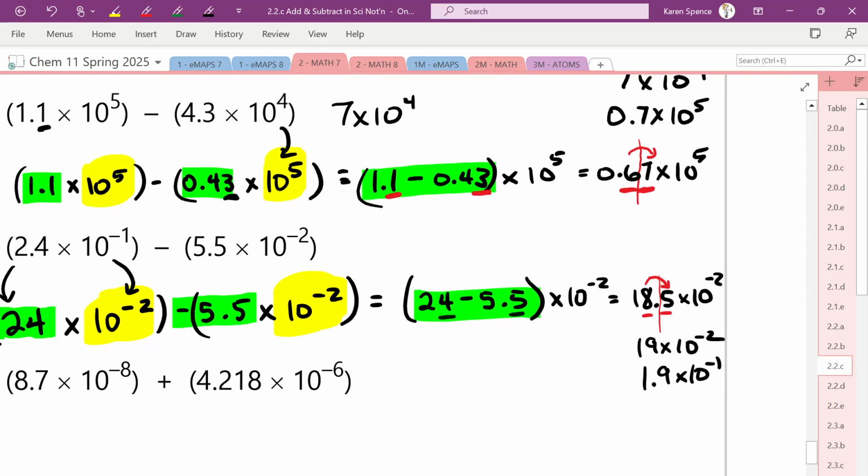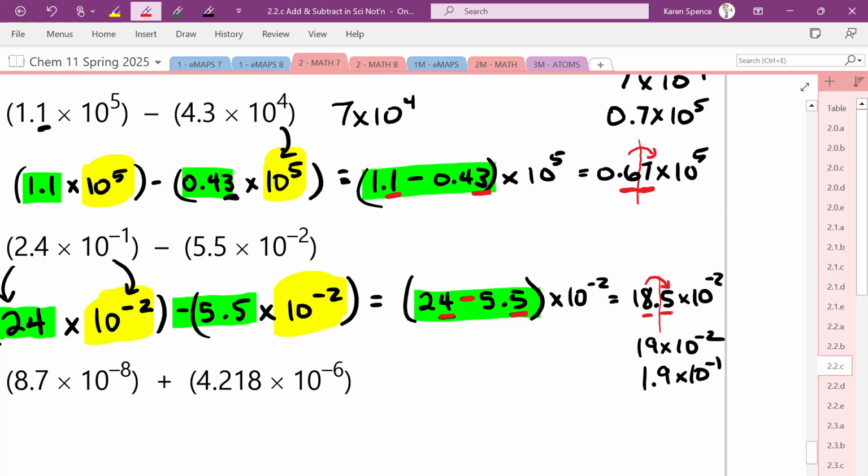times 10 to the negative 2. 24 minus 5.5 is 18.5. But we're doing subtraction. So our uncertain digit is a 4 and a 5.